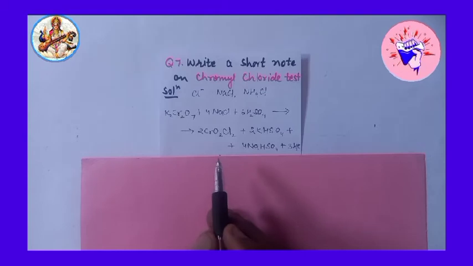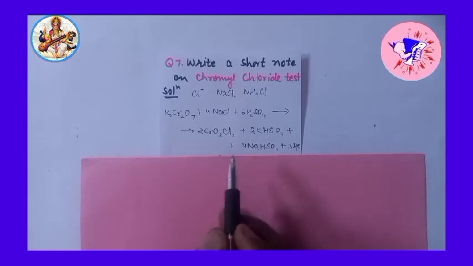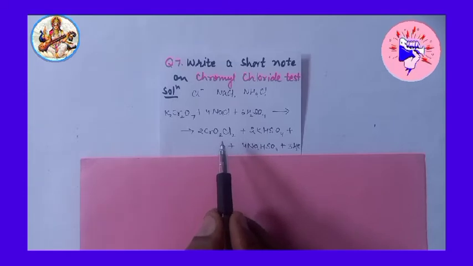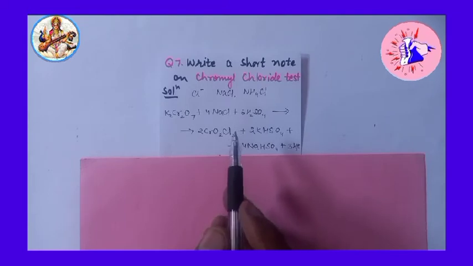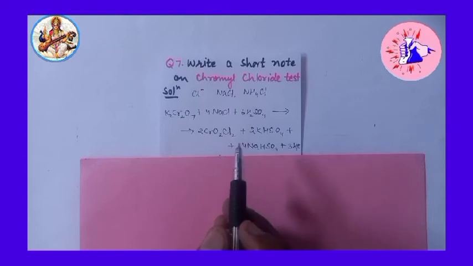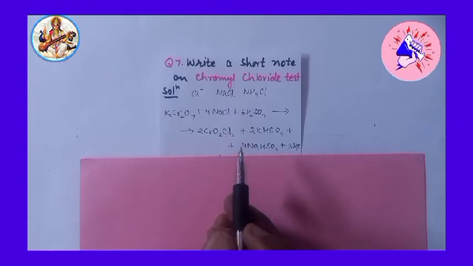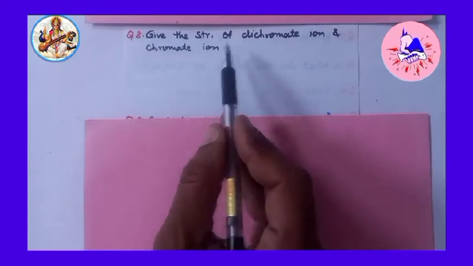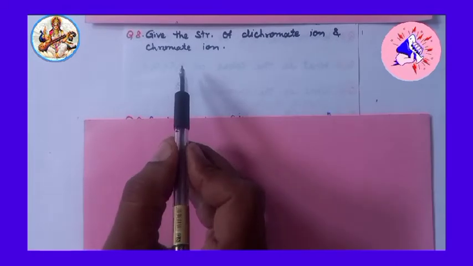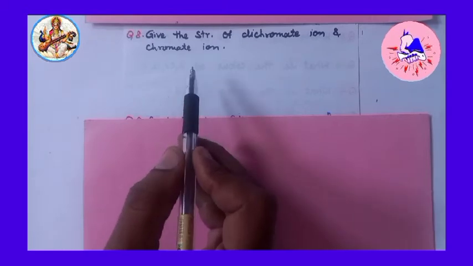Third point: what is the chemical formula of chromyl chloride? The answer will be CrO2Cl2. Fourth point: the chromyl chloride test confirms the presence of chloride ions in the salt.